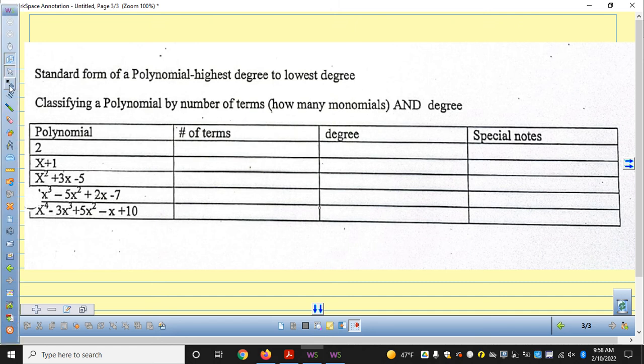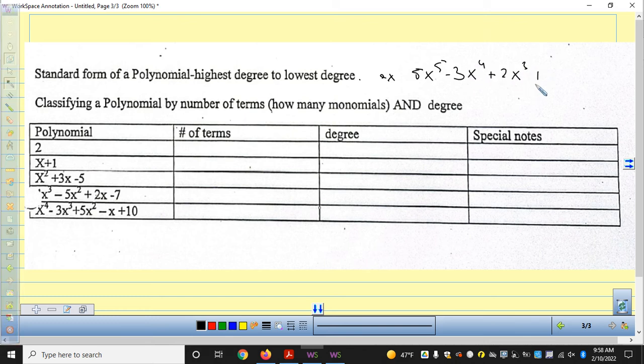So, for example, we would always write something like 5x to the 5th minus 3x to the 4th plus 2x to the 3rd minus x squared minus 6. In standard form, we always go from highest degree to lowest degree. So here we have degree 5, degree 4, degree 3, degree 2, and degree 0. Standard form, we go from highest to lowest degree of the monomials that make up our polynomial. And usually we like to write our polynomials in standard form.